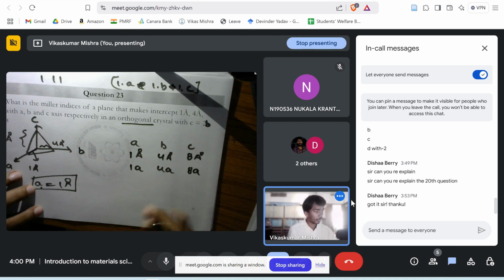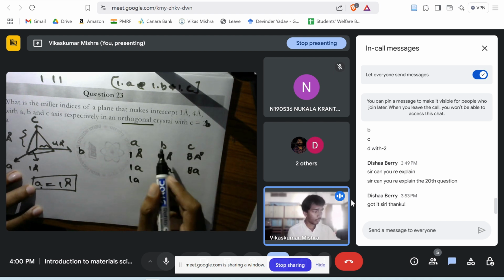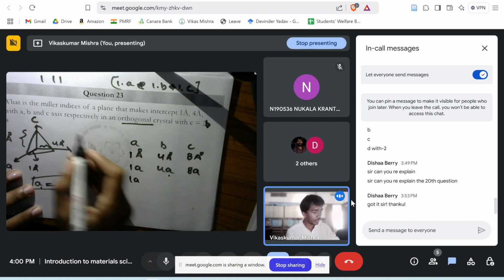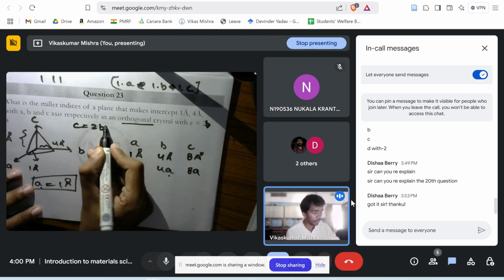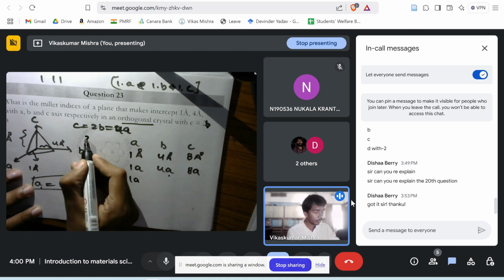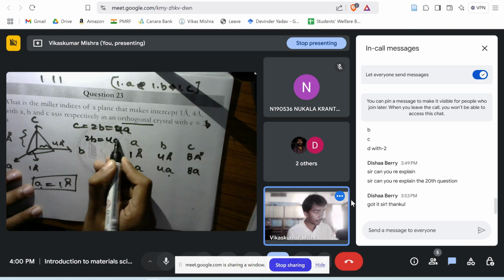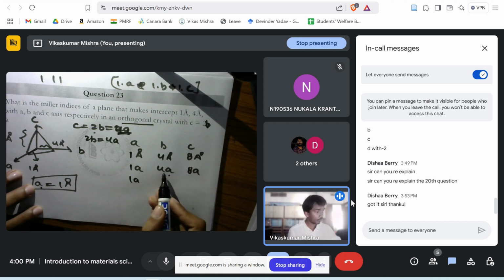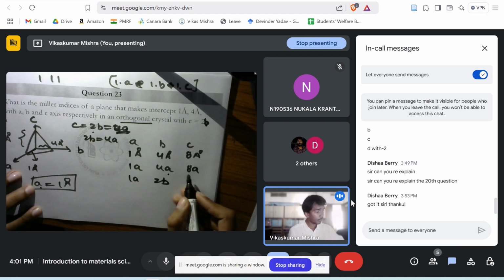See, for A it is not a problem, that is 1A. For B it's a problem. We cannot represent it in A terms. We have to represent it in B terms. We know that C is equal to 2 times of B is equal to 4 times of A. So 2B is equal to 4 times of A. So we got to know that 4 of A is nothing but 2B. What about 8 of A?